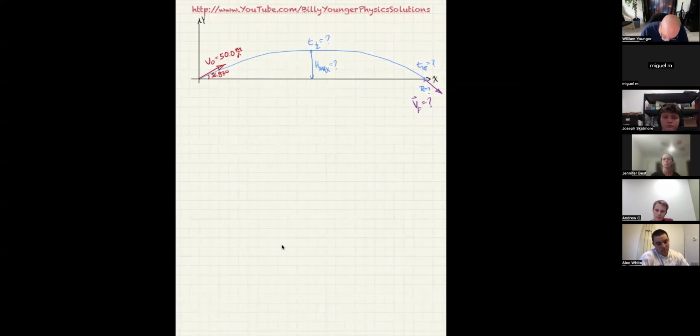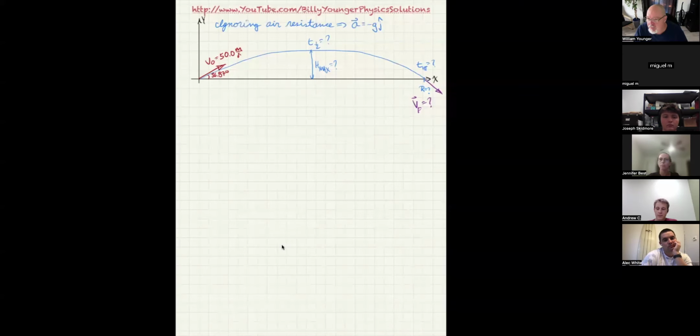Like, for instance, I can tell you, since we're ignoring air resistance, that implies a, the acceleration, is negative g j hat.